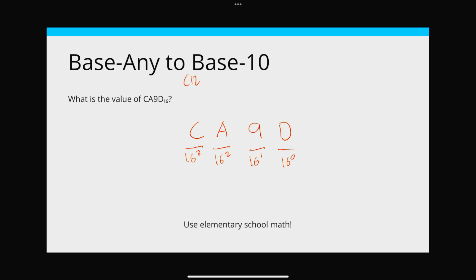So that's 12 times 16 to the 3 plus 10 times 16 to the 2 plus 9 times 16 to the 1 plus D is 13 times 16 to the 0. Now, you won't ever get anything this complicated. And if you do, I'll be sure to give you a calculator, or you can feel free to ask me to use a calculator. So multiply that out, and now you have your value in base 10.